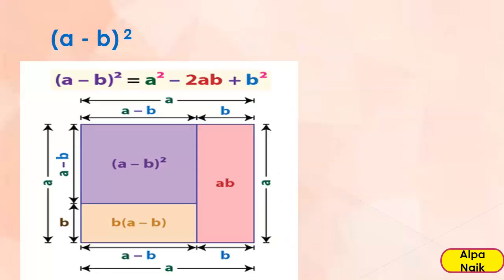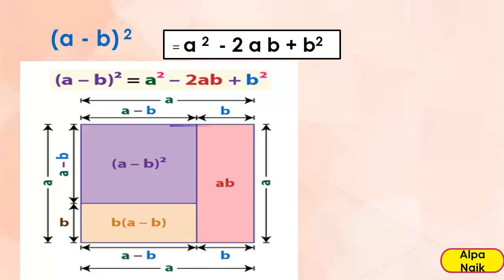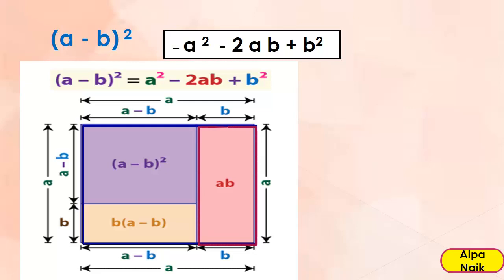Second expansion, (a - b) the whole square. So let's understand this with the help of a figure. We'll draw a square having side a whose area will be a square. From this square, I will cut a rectangle having the breadth b and length a. I will get one more rectangle having the breadth b and the length a - b.